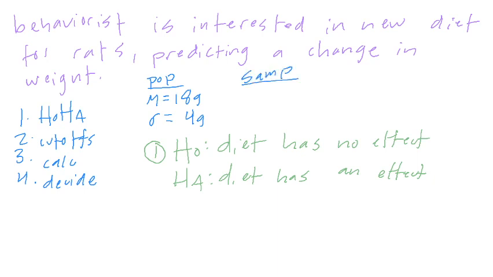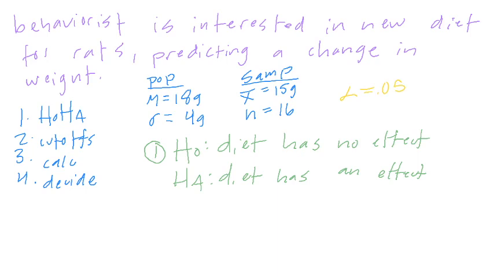So let's say that our sample mean of rats with the new diet, they weigh now 15 grams, and we took a sample of, let's call the N 16. Now let's say that we want to test this at an alpha of 0.05. Remember, you're not going to have to determine alpha. It'll just be given to you.